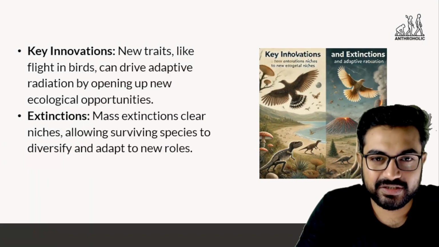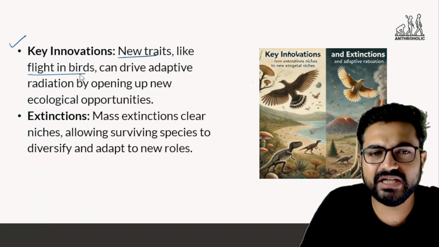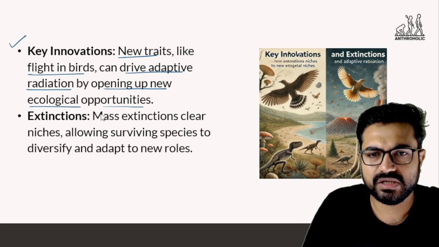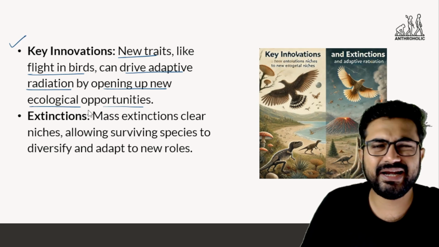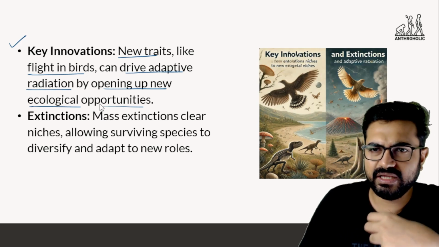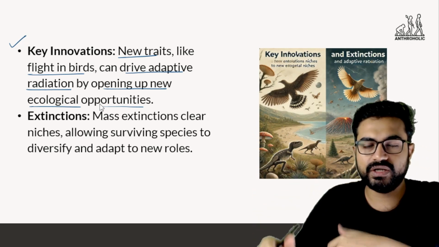Now, what are the key innovations? Well, new traits like flight in birds can drive adaptive radiation by opening up new ecological opportunities. Because flight was something that was initially not there. Dinosaurs were land animals. But then this ability to fly came with some dinosaurs, and then gradually birds took over.